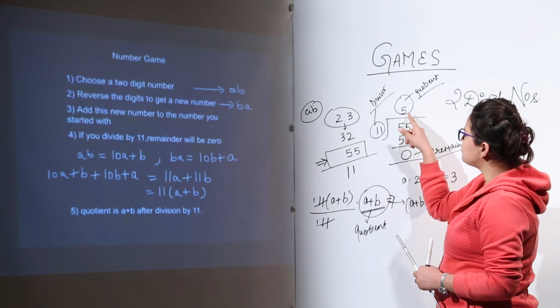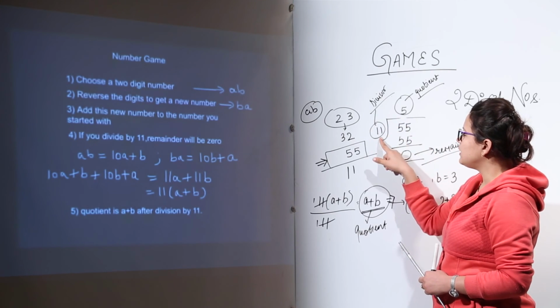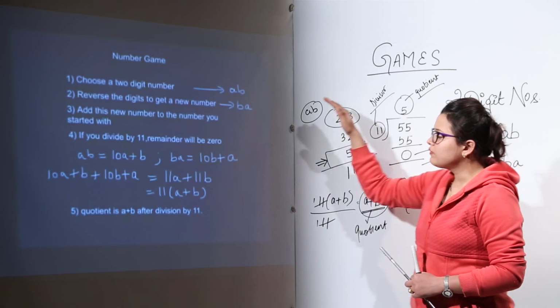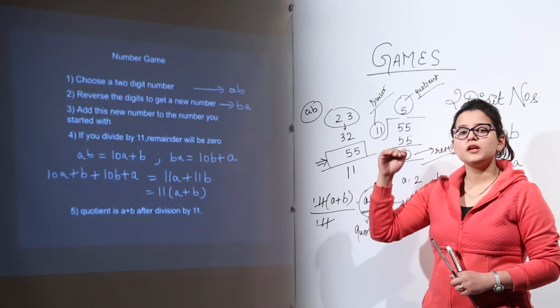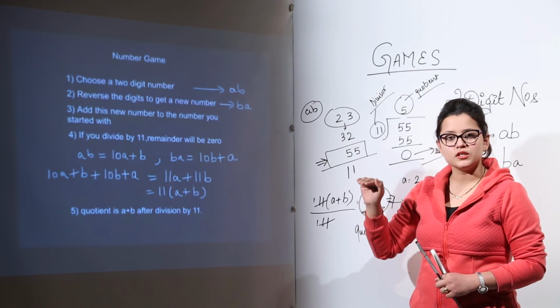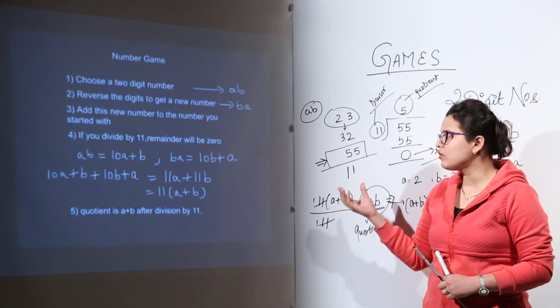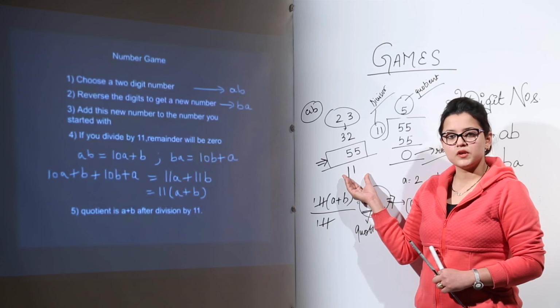Clearly, we have checked over here also, when we divided the sum with 11, what was the quotient? It was 5. That means, if you summarize this, what is the answer? You have taken two digits, reversed the digits, added them both together. The sum that you have got is finally divided with 11. This is fixed.